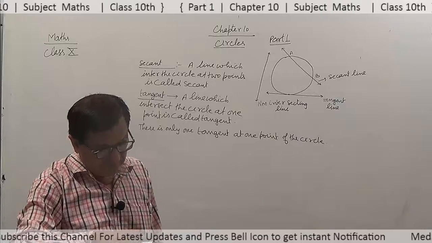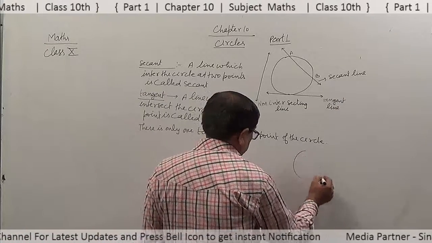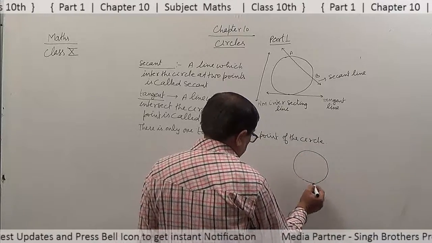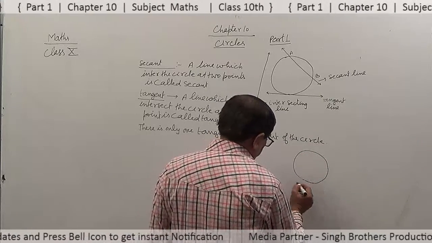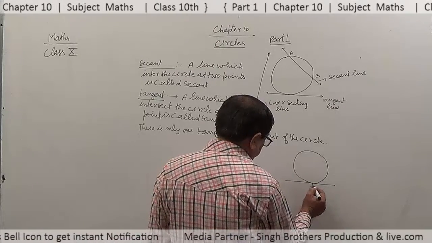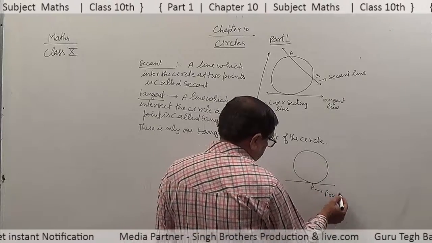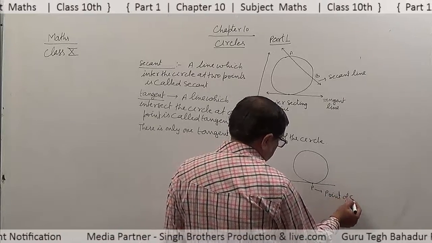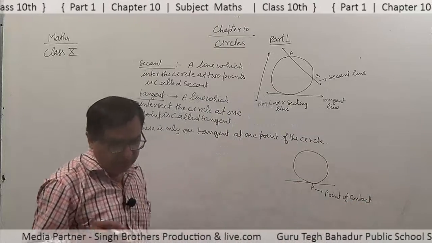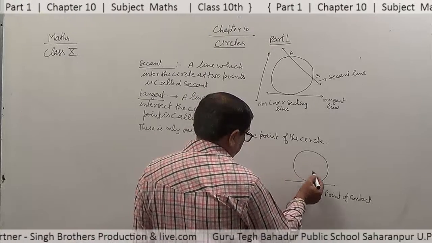This is a point, only one tangent of the circle. That point is called the point of contact.